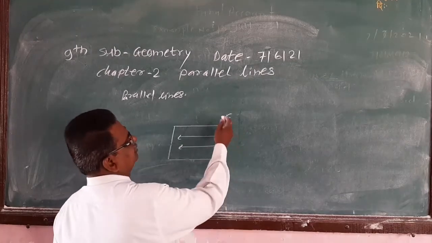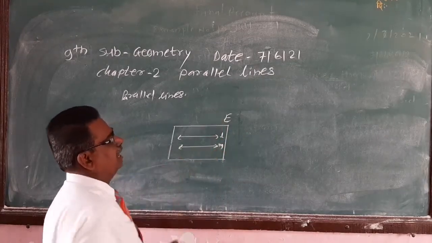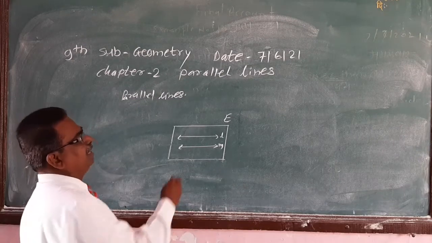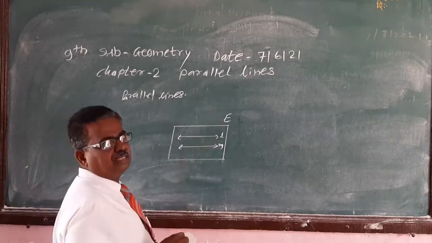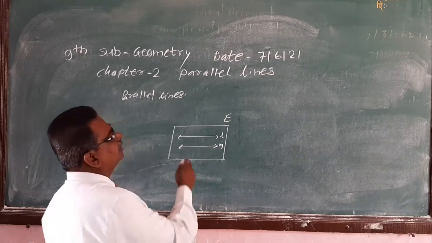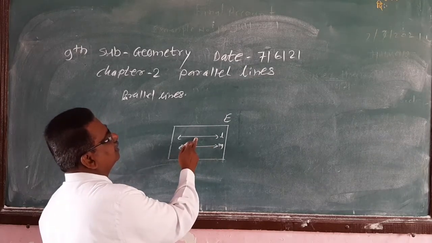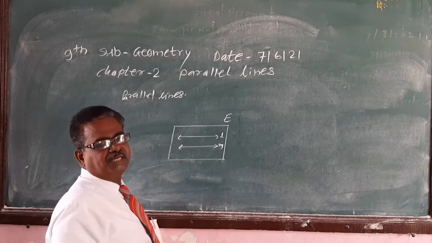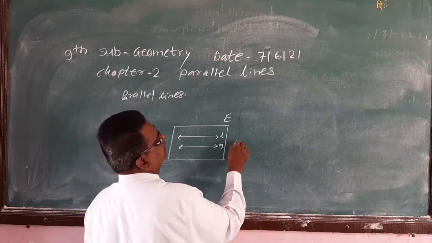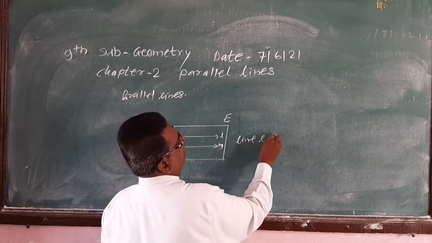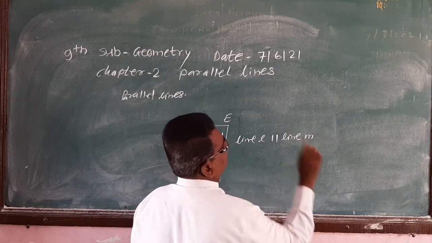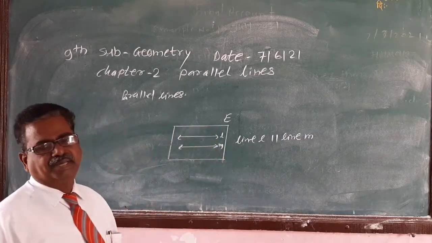So lines L and M are in plane E, means these are coplanar. The lines do not intersect each other, so they are parallel. We write here line L is parallel to line M in this way.